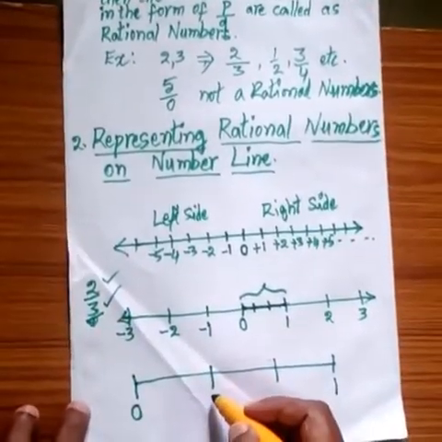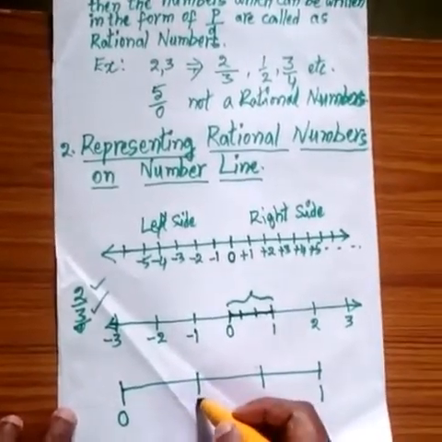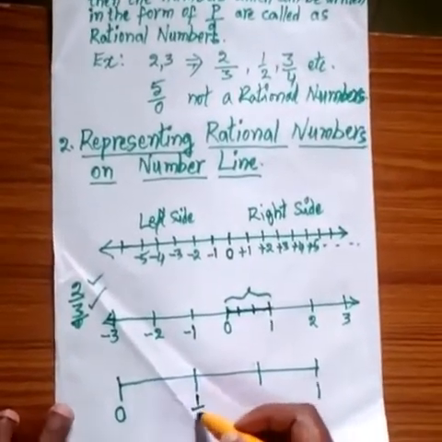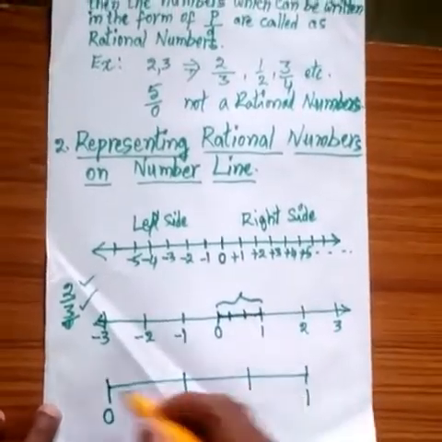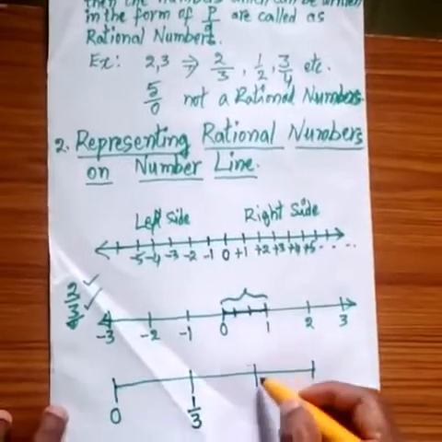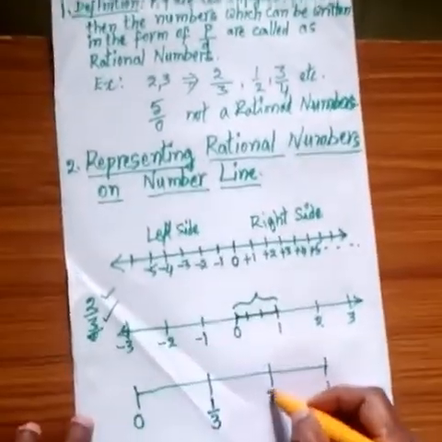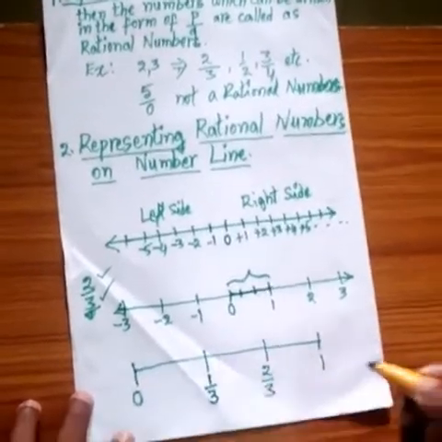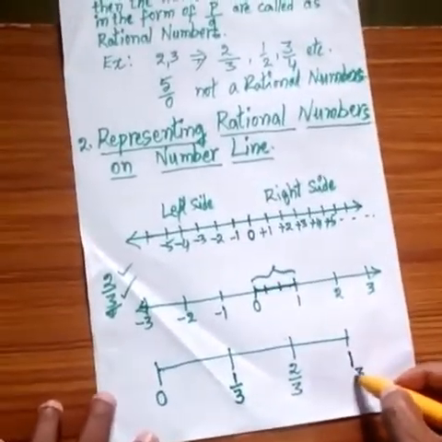So let us write the first part as 1/3, because out of 3 parts this is the first part, and this is the second part, and these two are 2 parts. So let us write this as 2/3, and we can write this one as 3/3 also.